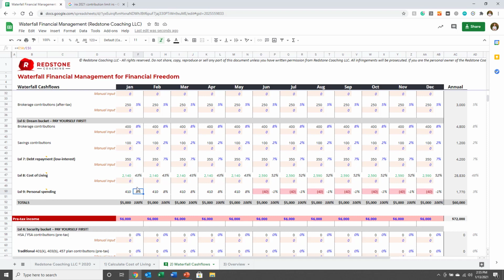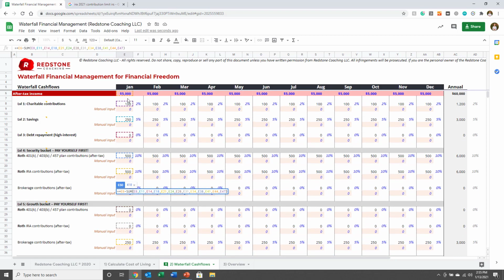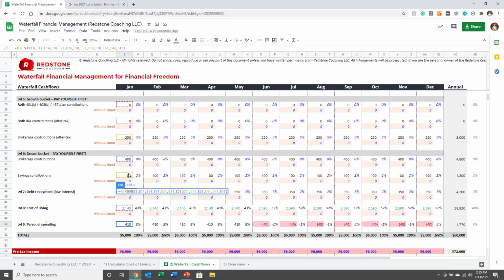And the way that this 8% left over for personal spending is being calculated is, you can see here that if we go into the formula for 410, it's taking 5,000, so E6 in the formula, which is 5,000, minus the sum of all of these other parts of your waterfall added together.